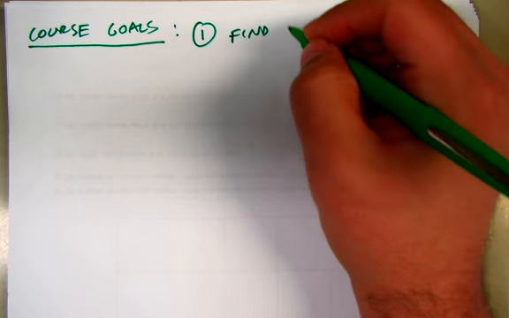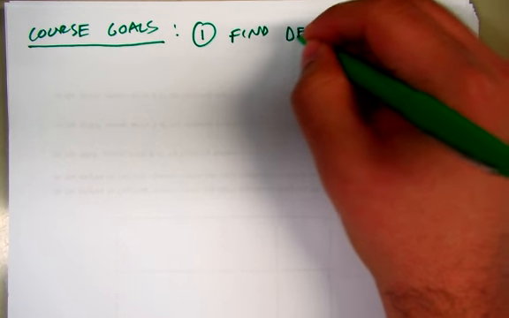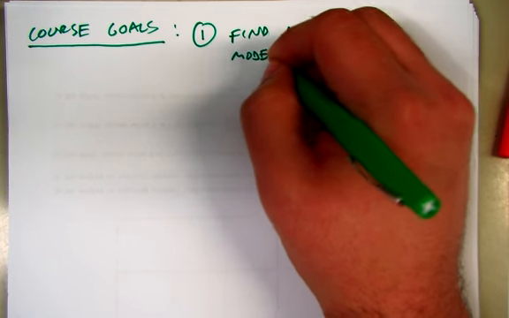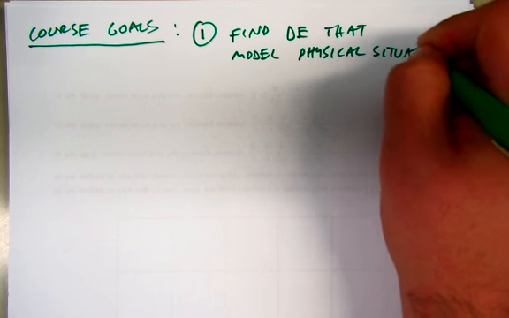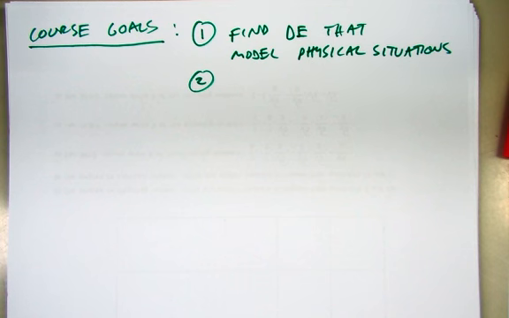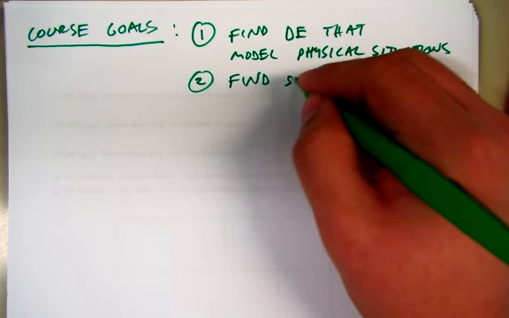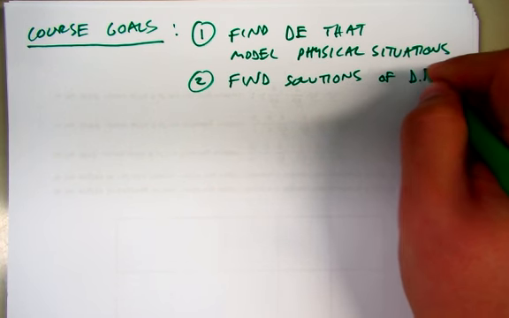These obviously have little ones, but the main idea here is finding differential equations that model physical situations. So that's one of the big ones, is seeing a scenario and being able to say, here's how the variables are related, so here's this differential equation that describes it. And then obviously finding solutions of these differential equations. That's the main idea.